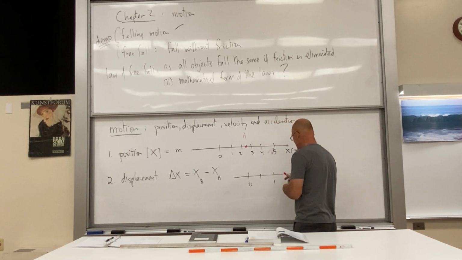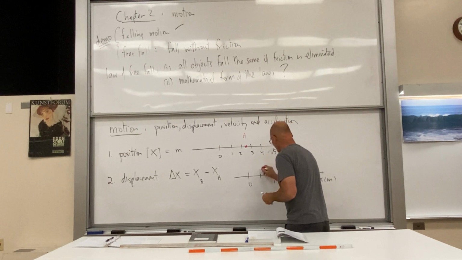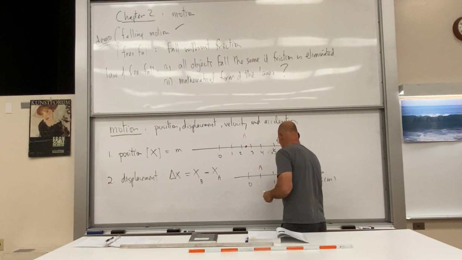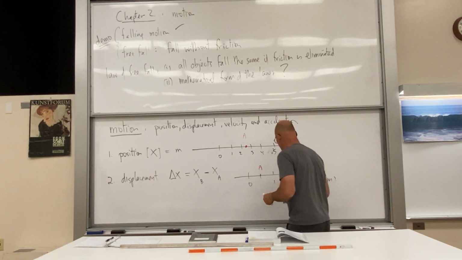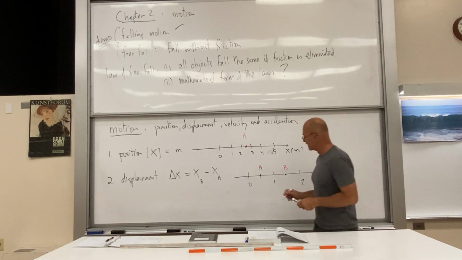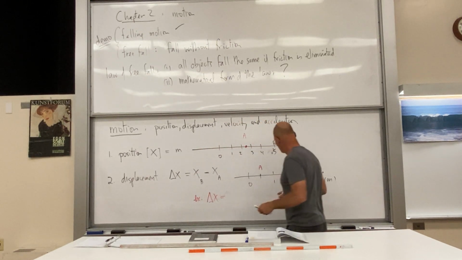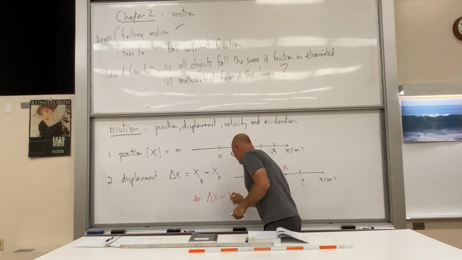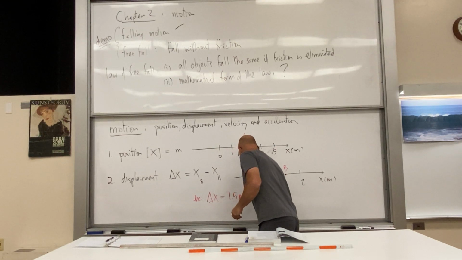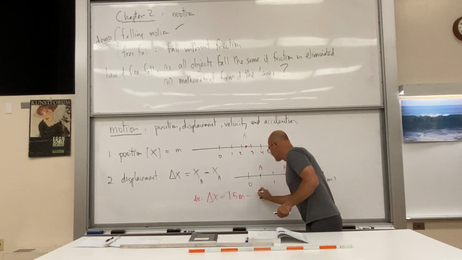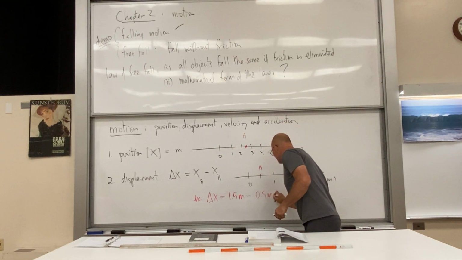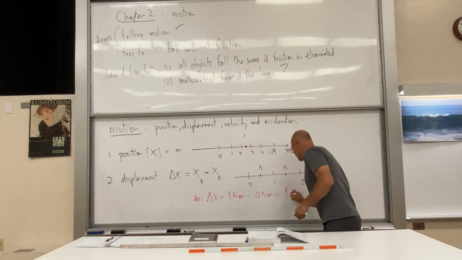So say we started here and ended up here. Okay. Then in my example, delta x would be xb, 1.5 meters, minus 0.5 meters equals 1 meter.